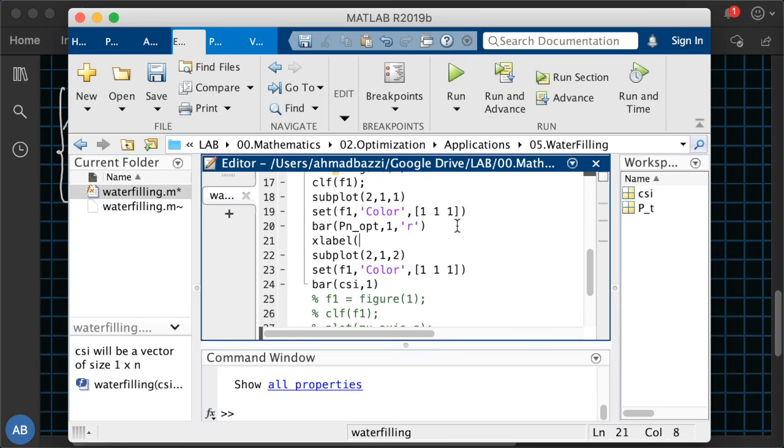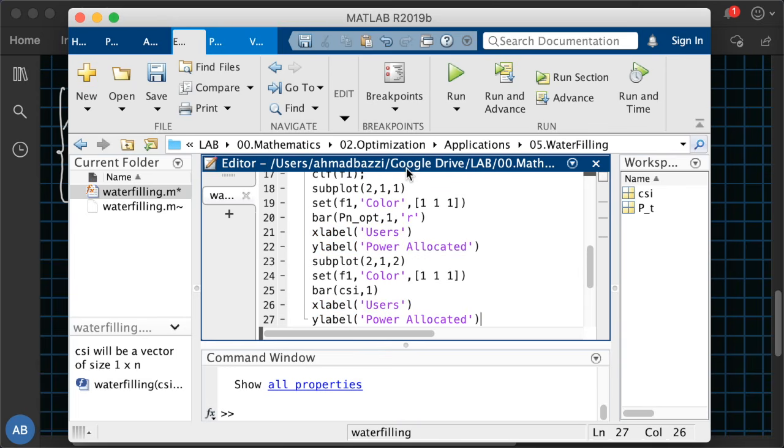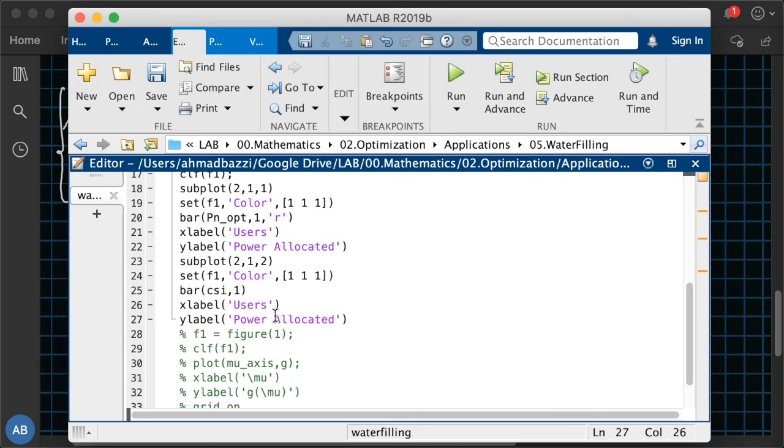Give an X label, users, and a Y label, power allocated. Same thing to the second subplot, users and CSI.